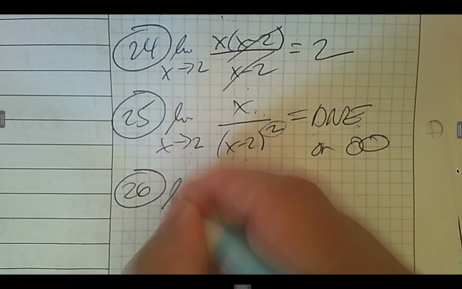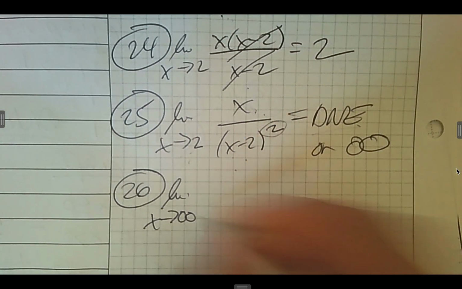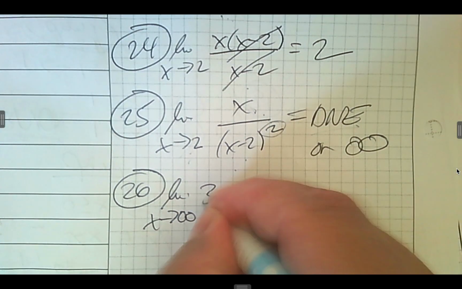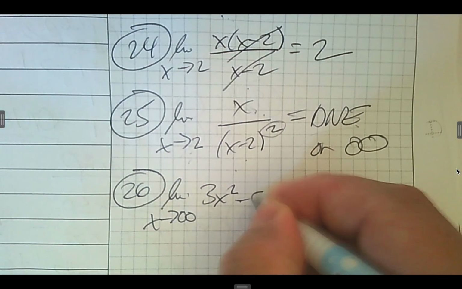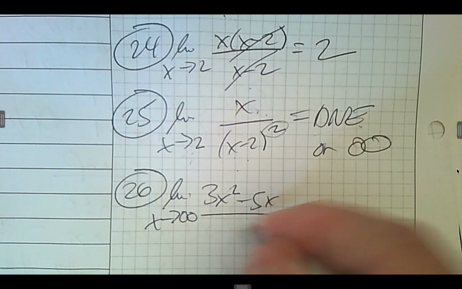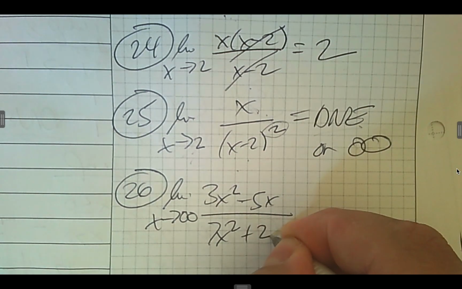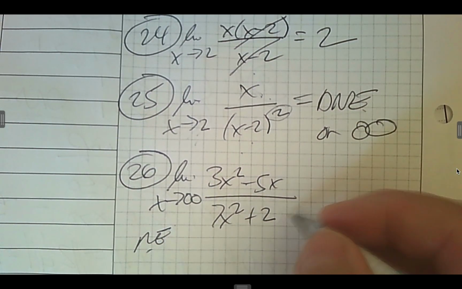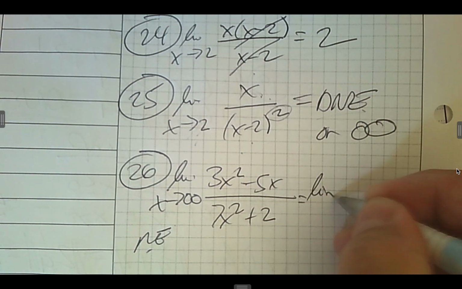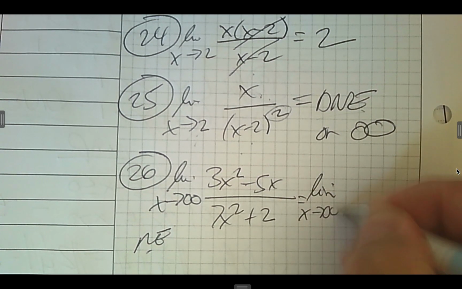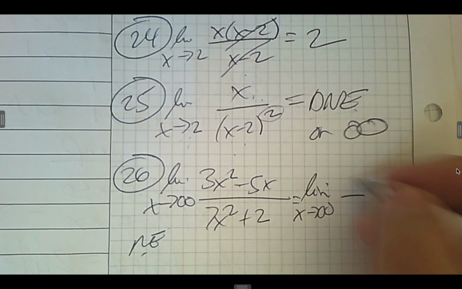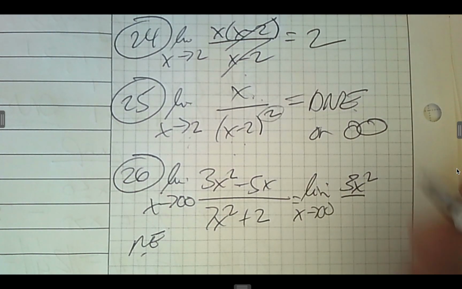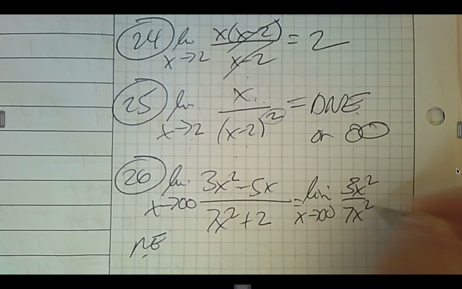The limit as x approaches infinity. This is an end behavior question. 3x squared subtract 5x over 7x squared plus 2. So what do I look at? This is the right end. That's the first thing I look at. So for the right end, what are the power terms that are involved? On top, the most powerful term is 3x squared. On the bottom is 7x squared.